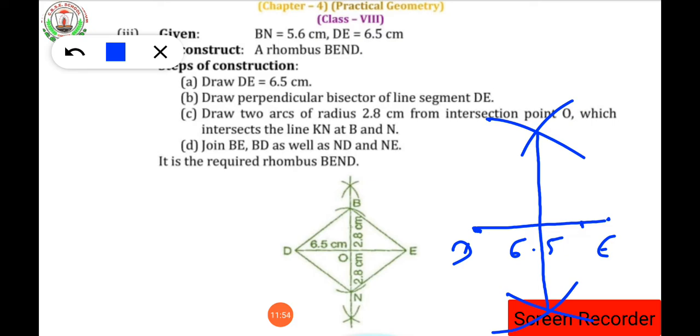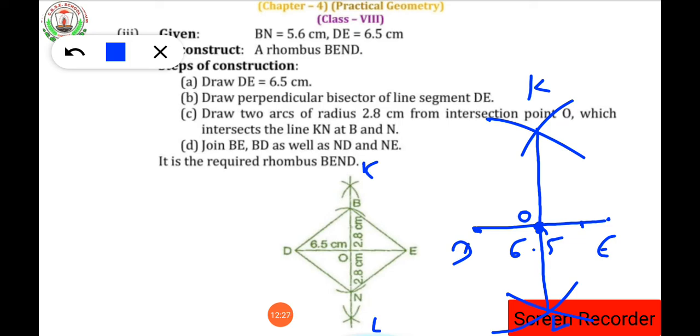Where is the intersection point O? Here at the center, isn't it? So this one is the intersection point O, which intersects the line at B and N. That means this perpendicular line name is KL. Clear? The name of the line is KL.